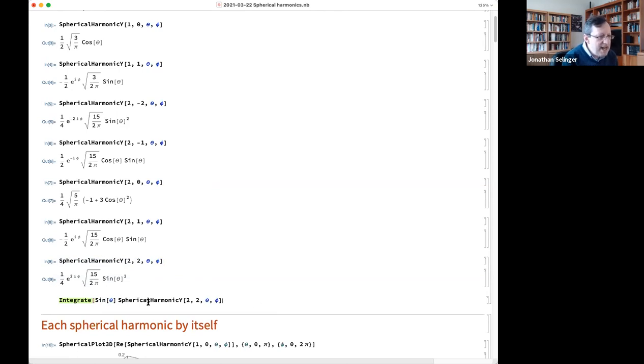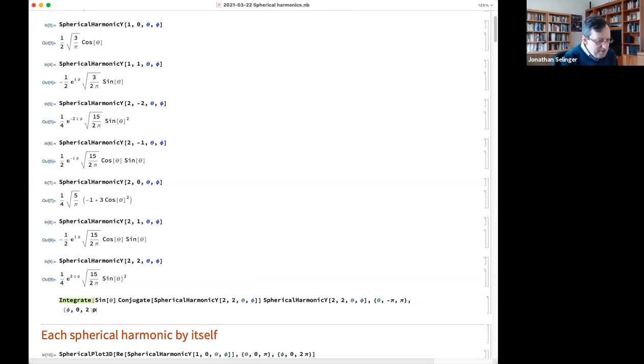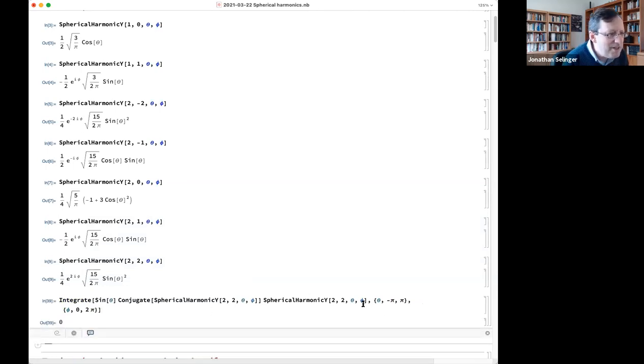So I'll take that times its own conjugate. So the conjugate of 2, 2 times the spherical harmonic 2, 2, and I integrate that for theta from -pi to pi, and I'll integrate that for phi from 0 to 2 pi. This better be 1 or I'll be so embarrassed. Let's see. Oops, no, it's 0.